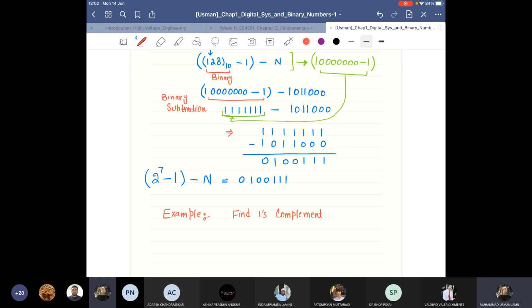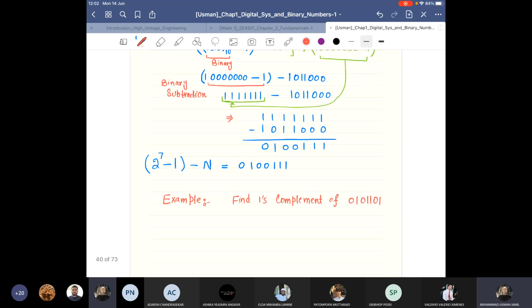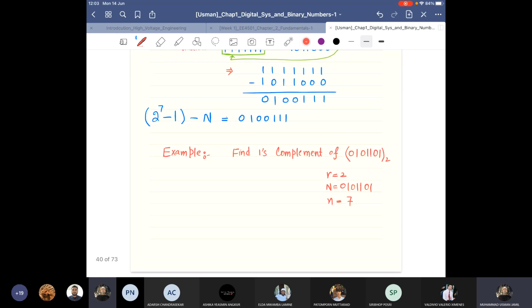So find one's complement of 0, 1, 0, 1, 1, 0, 1. So if you want to find this one, so then here our R is 2, N is 0, 1, 0, 1, 1, 0, 1, and then our n is equal to count numbers 1, 2, 3, 4, 5, 6, 7. n is 7.